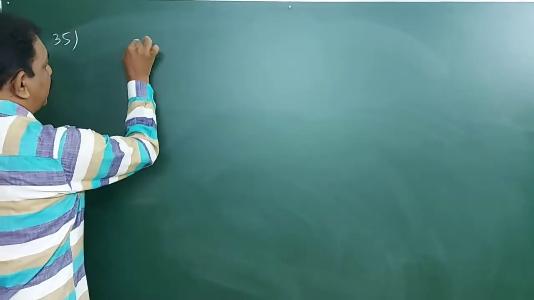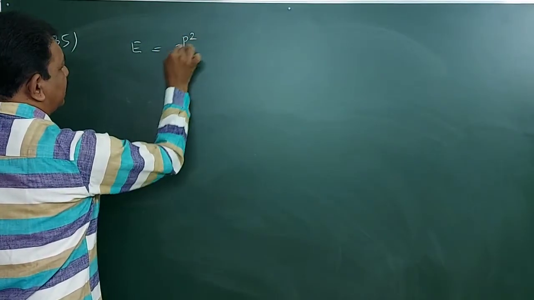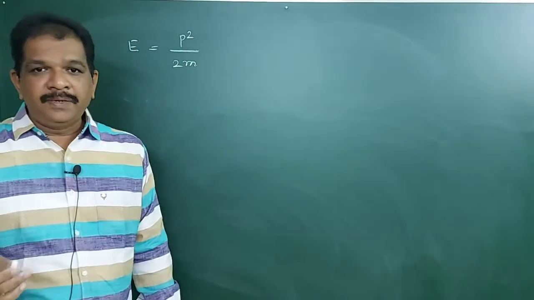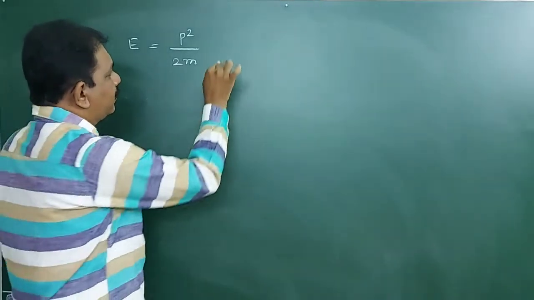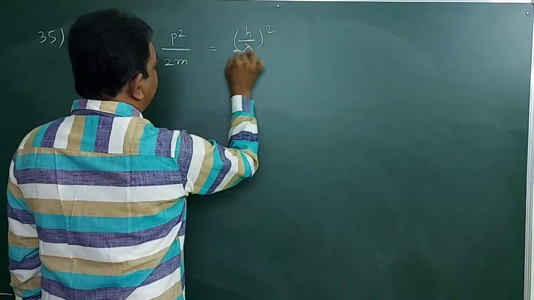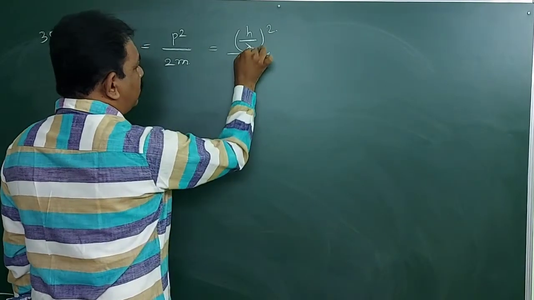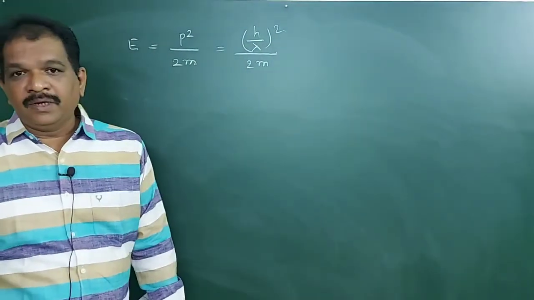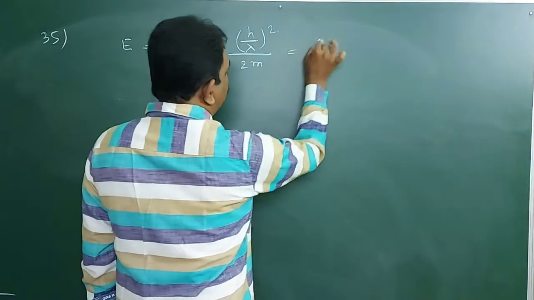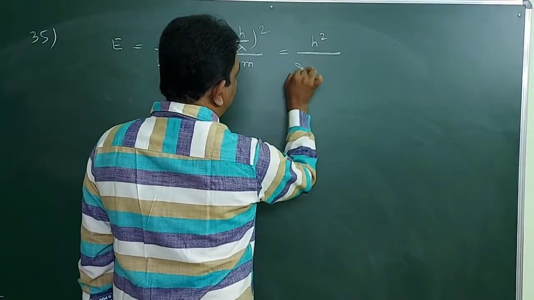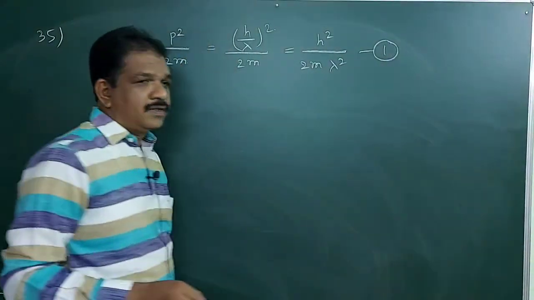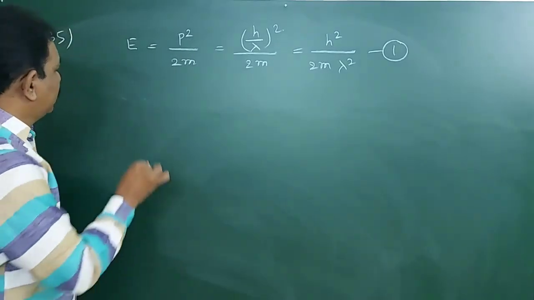The relation between kinetic energy and momentum: E is equal to p square by 2m. The p value we can write as h by lambda, so E is h square by 2m lambda square, where lambda is the de Broglie wavelength. This is equation 1.